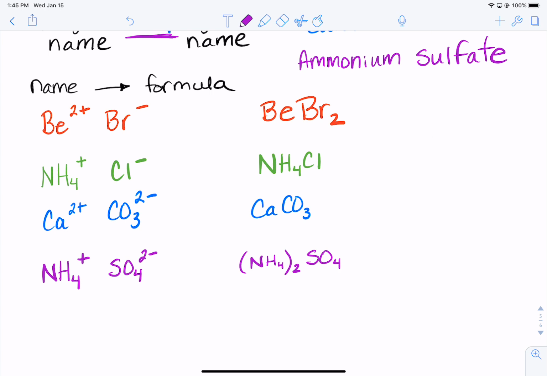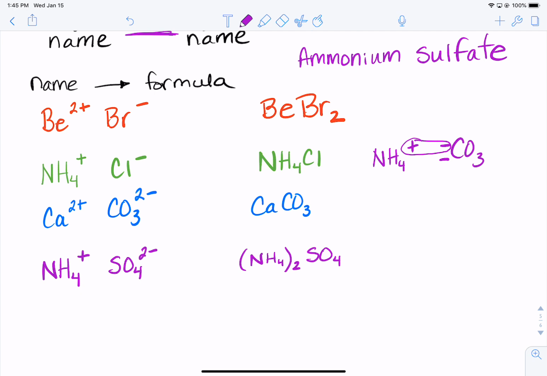And I want to remind you what you're doing here. You've got NH4 that's got a naked proton, and you've got CO3 that's got 2 spare electrons. And so ammonium's like, here, I'll be your little dance partner, and carbonate's like, but wait a minute, I got another electron. So ammonium is like, well, here's another ammonium, and then I'll be your little dance partner. And that is why you need 2 of the ammoniums for every 1 of the CO3s.